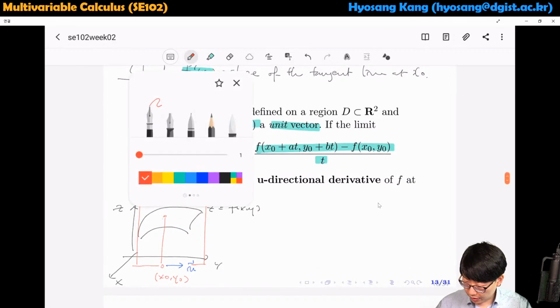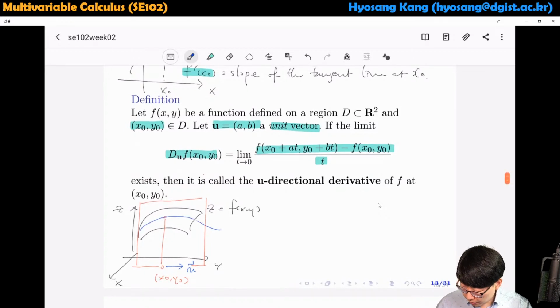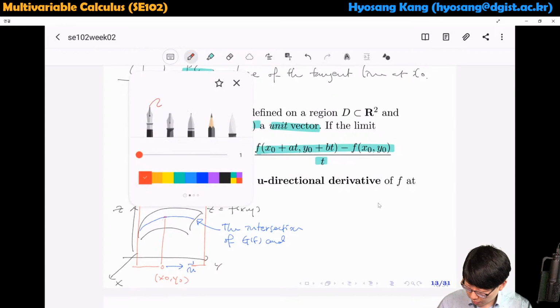Let me show the section, or intersection, of the plane and the surface of the graph. This blue one is the intersection of the surface, the graph, and this plane P.